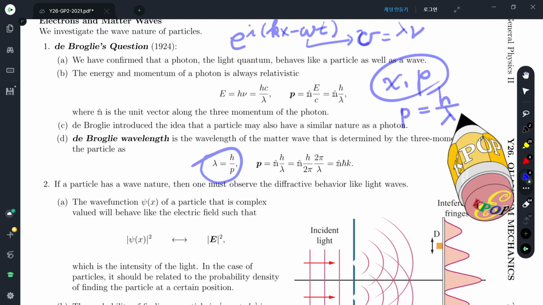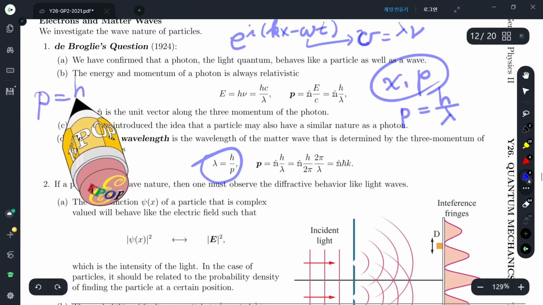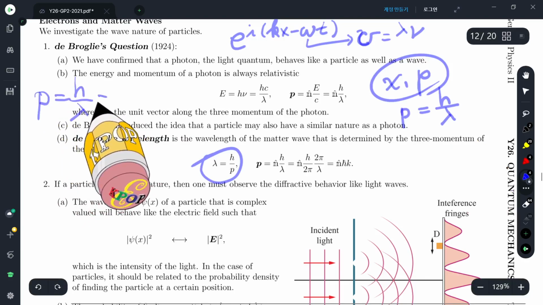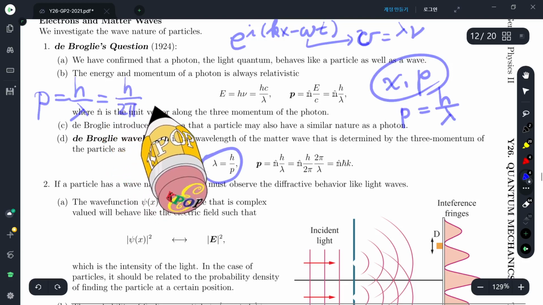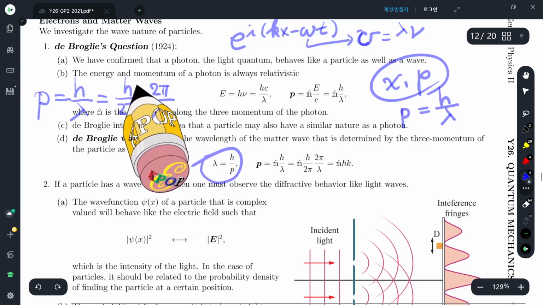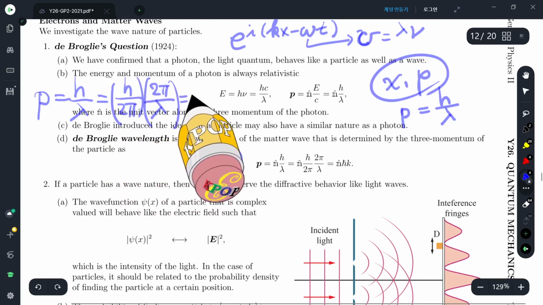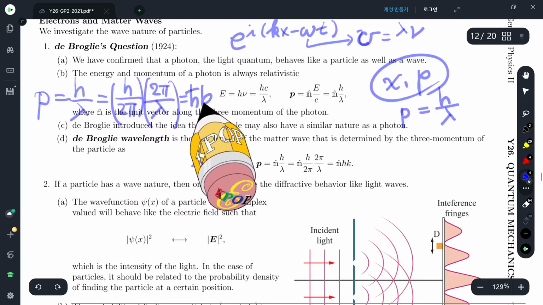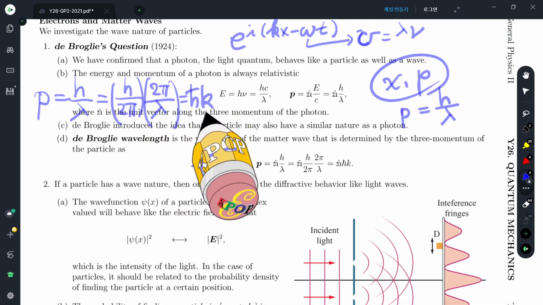Right. So momentum is h over lambda, and we may insert 2 pi in the denominator and numerator, keeping the same. And this is called the reduced Planck constant h bar, and this is the wave vector, wave number k.